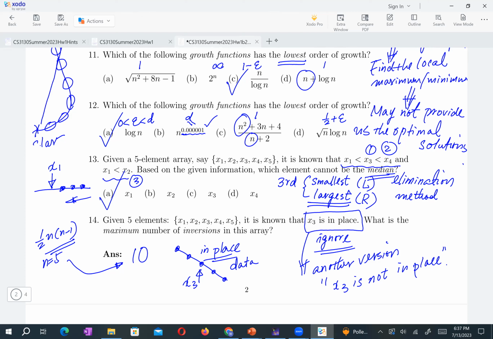So now, can we move X3 a little bit? We try to get 9 inversions. If you can make it, that's the answer. If you cannot make it, then probably 9 is not the answer.